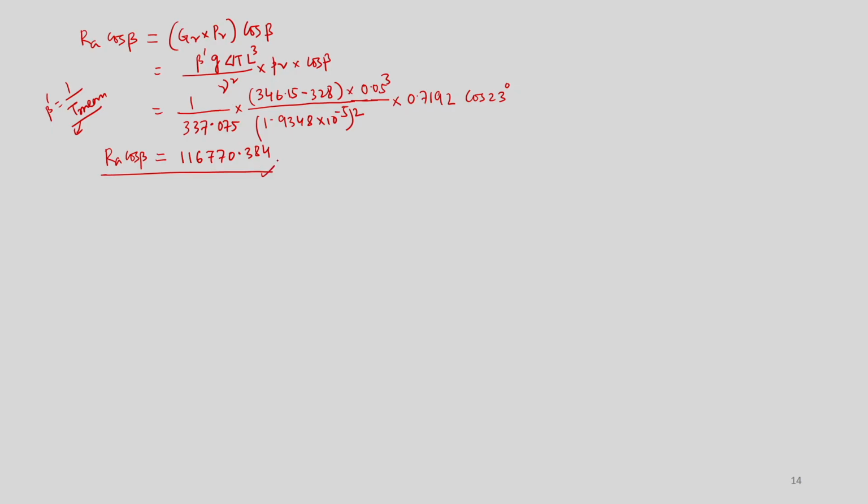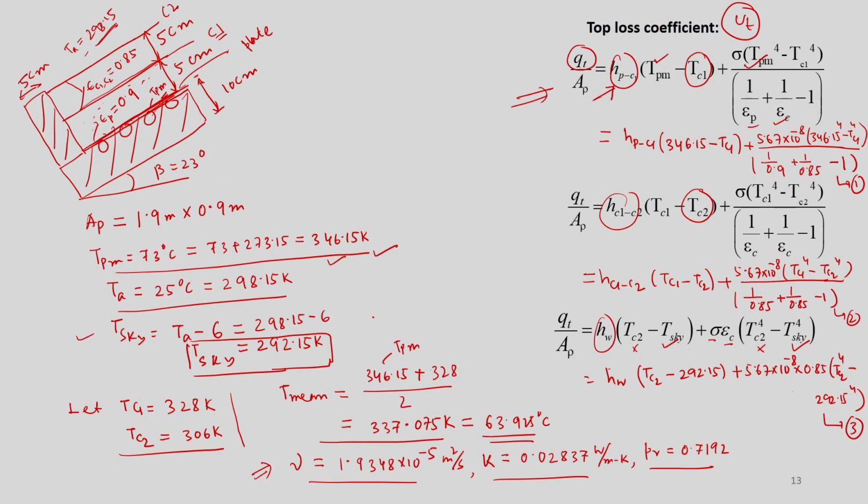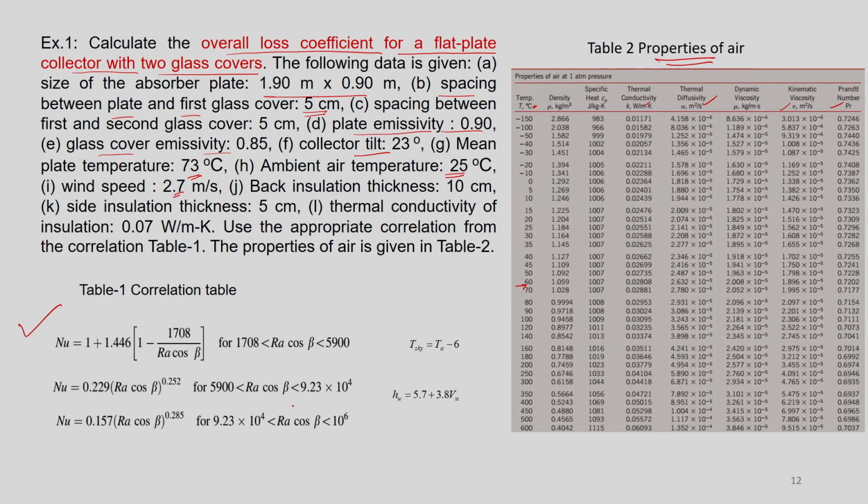So, now we have to apply the appropriate correlations. Let us check which correlation can be used for estimation of heat transfer coefficient from absorber plate to the glass cover one. Okay. So, let us go back and see this value, we should remember 116770. So, we must use the correlation here. Our value falls in between this range.